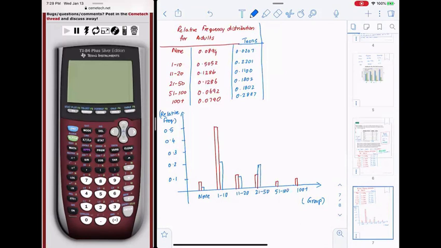Same for 51 to 100. And 100 plus, we have 28%.